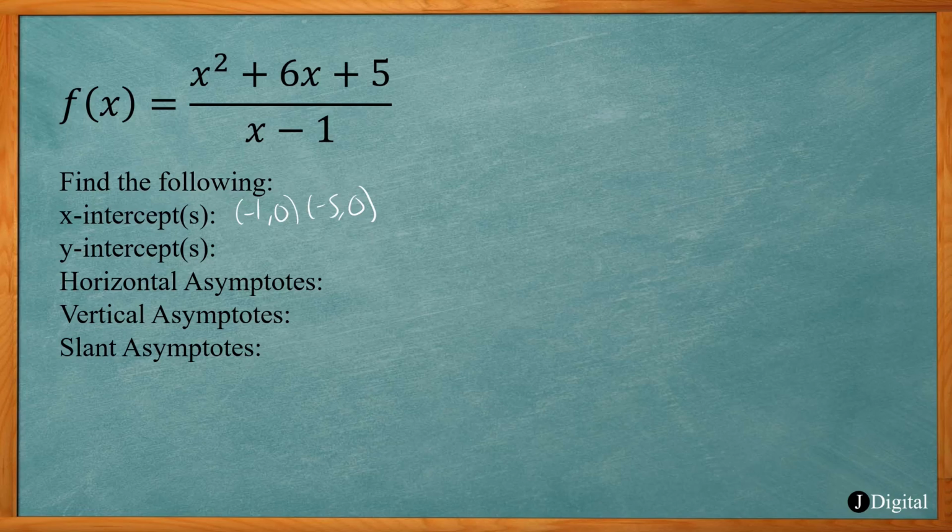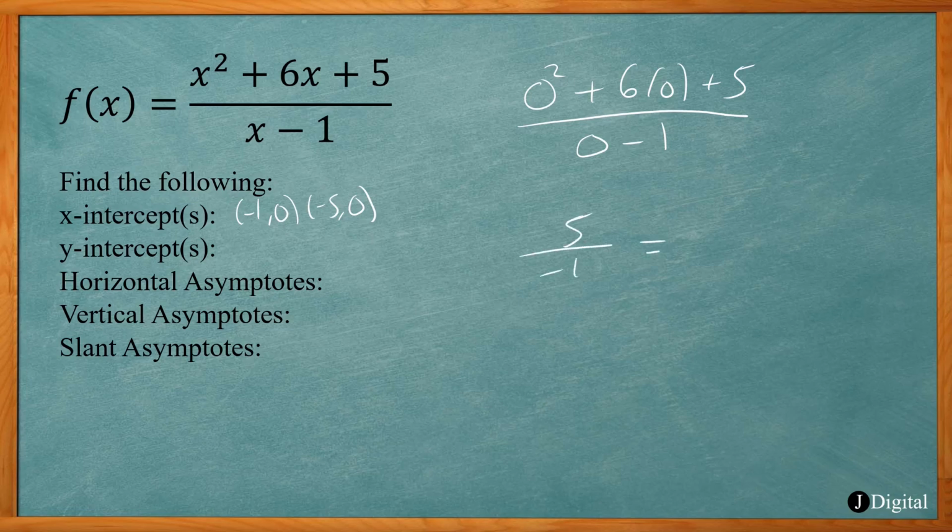So we're just going to replace x with 0. So that's going to be 0 squared plus 6 times 0 plus 5 over 0 minus 1. That becomes 0 plus 0 plus 5 over negative 1. So that gives us negative 5. So y-intercept at 0, negative 5.